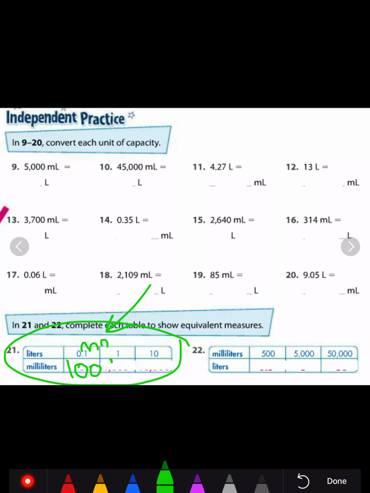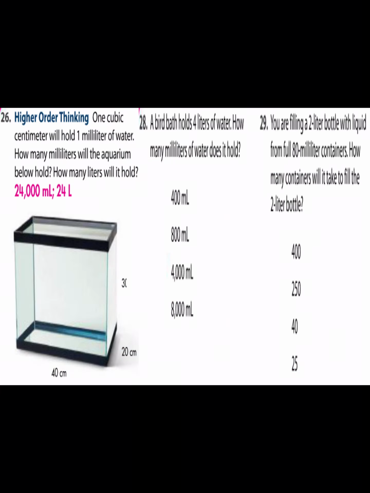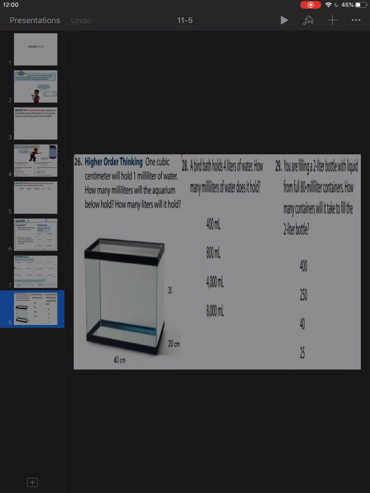Here it becomes 1000, and here it becomes 10,000. So guys, here we have a lot of examples. You can take a look at them in lesson 11.5.